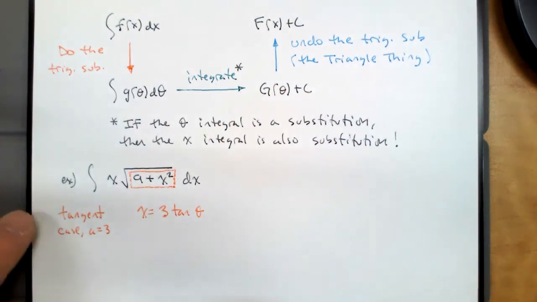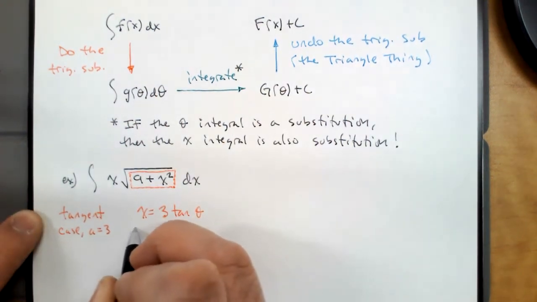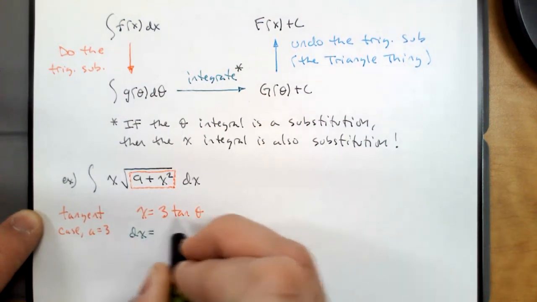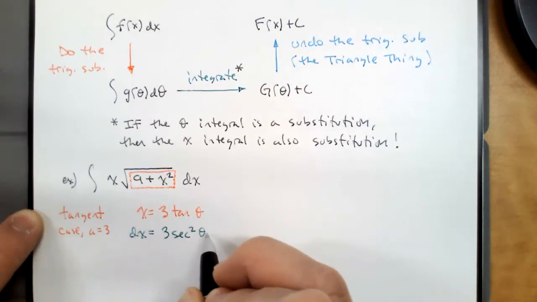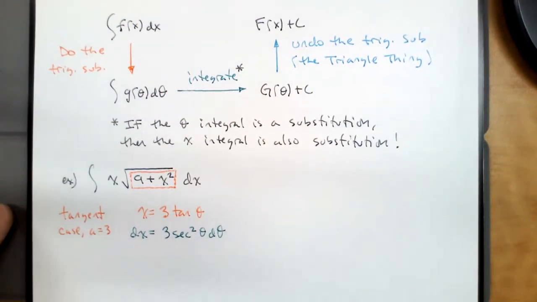The other pieces that we're going to need are a dx, because we're doing a substitution. The derivative of 3 tangent theta is 3 secant squared theta d theta. The other piece that we're going to need is that 1 plus tangent squared is equal to secant squared.